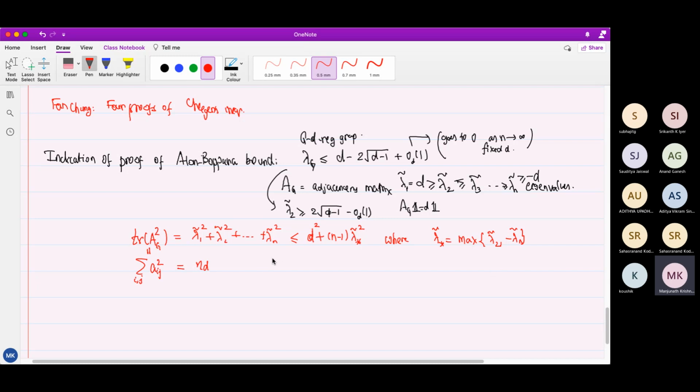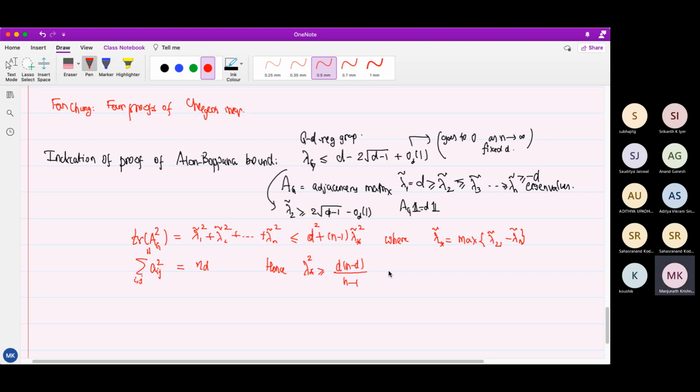So from these two, what do we get? You get d squared, and nd. So I get lambda star squared is greater than or equal to d times (n minus d) divided by (n minus 1).